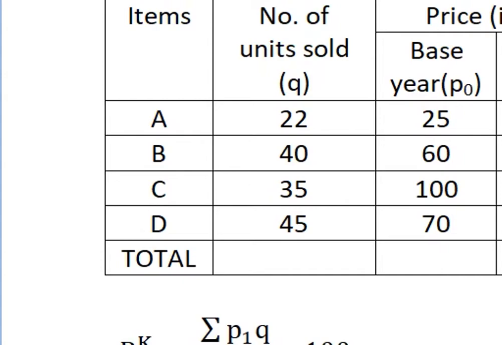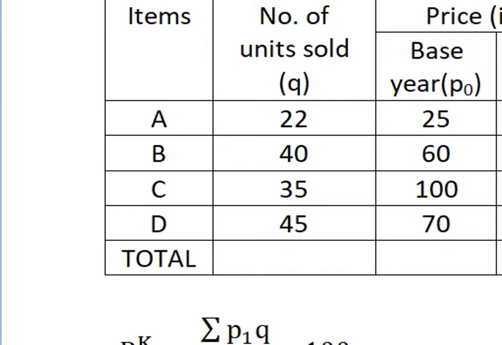In P0Q, multiply base year price with the corresponding quantities, that is 25 into 22, 60 into 40 and so on. So first, what is 25 into 22, which is 550. Then 60 into 40 is 2400.